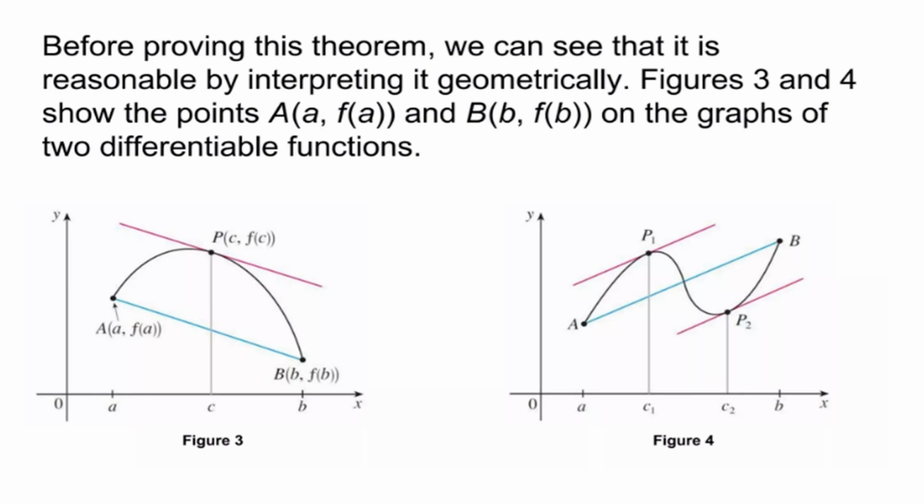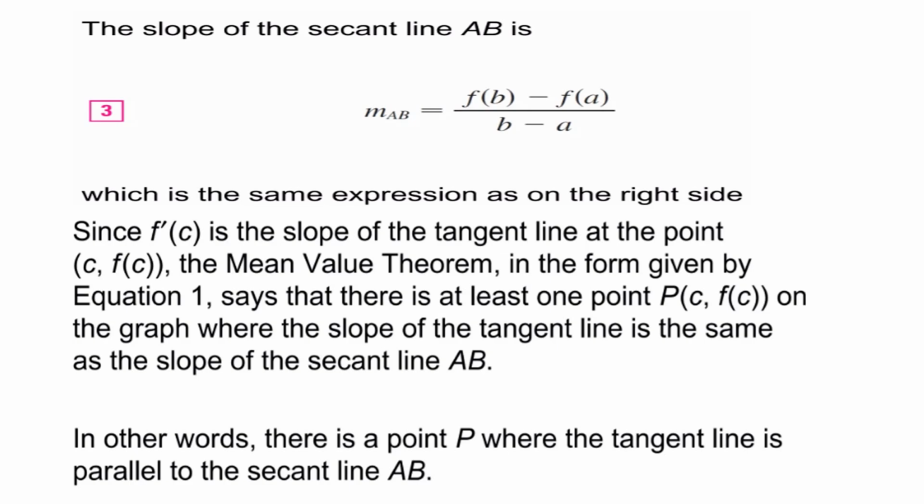Therefore, the value exists. Now, the slope of the secant line AB in this case is equal to f of b minus f of a divided by b minus a. Since f dash of c is the slope of the tangent at the point c, f of c, the mean value theorem says that there exists at least one point c on the graph where the slope of the tangent line is the same as the slope of the secant line AB.